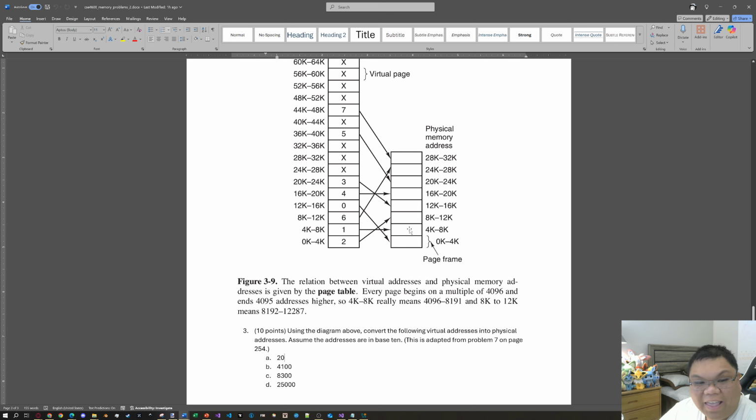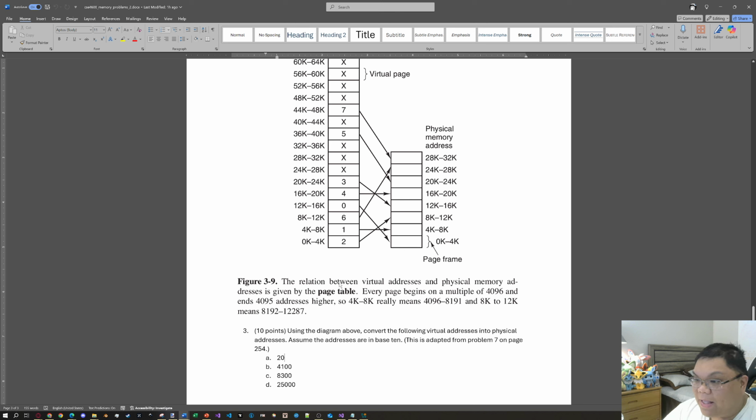So if we have 4K pages, which are 4096 bytes, and we have virtual address 4100, if we subtract 4096 from 4100, we get offset 4 page 1. So virtual address 4100 is page 1 offset 4.